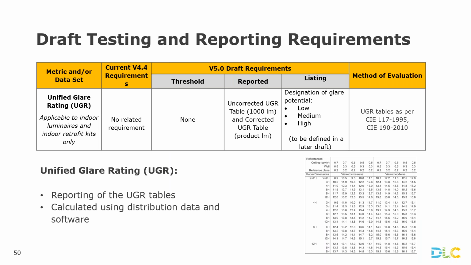For indoor lighting, the draft asks, in addition, to report the Unified Glare Rating, UGR in short, using the reporting of the UGR table. The UGR is the Discomfort Glare Likelihood Assessment method, which was developed and published by the CIE. It is calculated using IES distribution data and software tools.